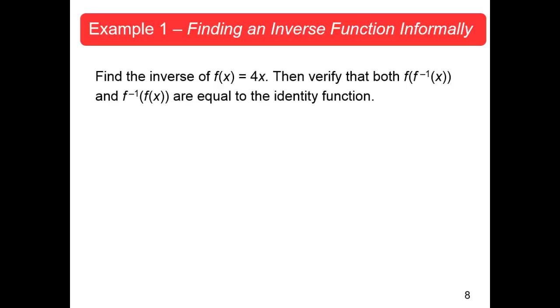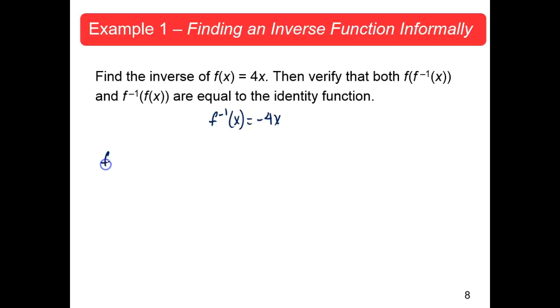So, let's find the inverse of f of x. Now, this is one where you're just making a wild guess. Hopefully it won't be too wild. What might that be? Okay, let's try it. Negative 4x. That's all we're doing, trial and error here, right? Now, how do we check to see if that works?